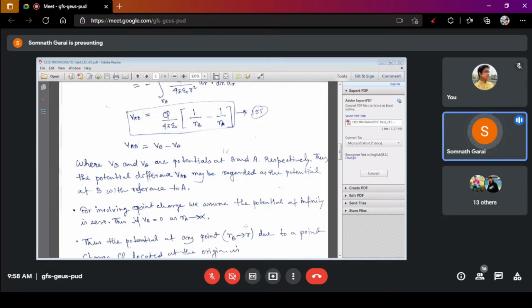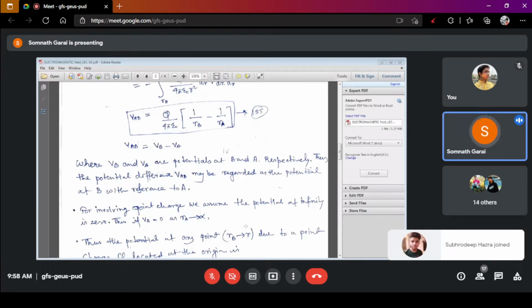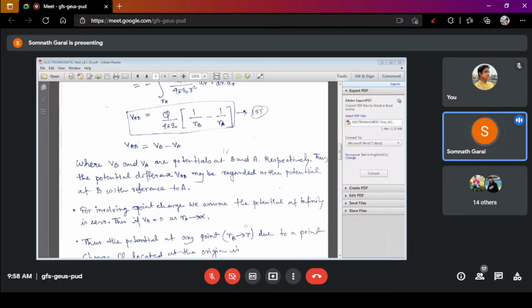That's why when we define any potential, 5 volt, 6 volt, 7 volt, 10 volt, it is with respect to ground potential.